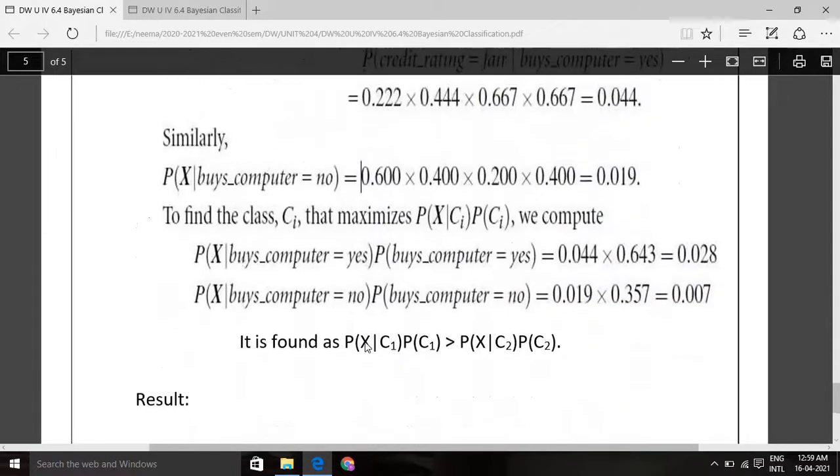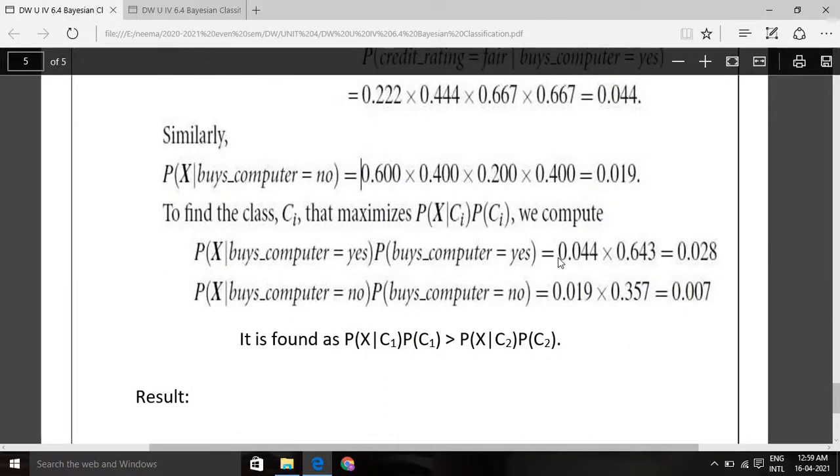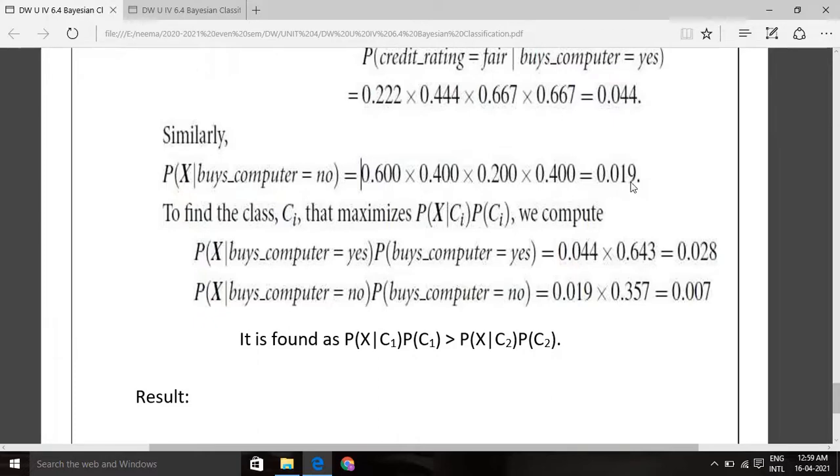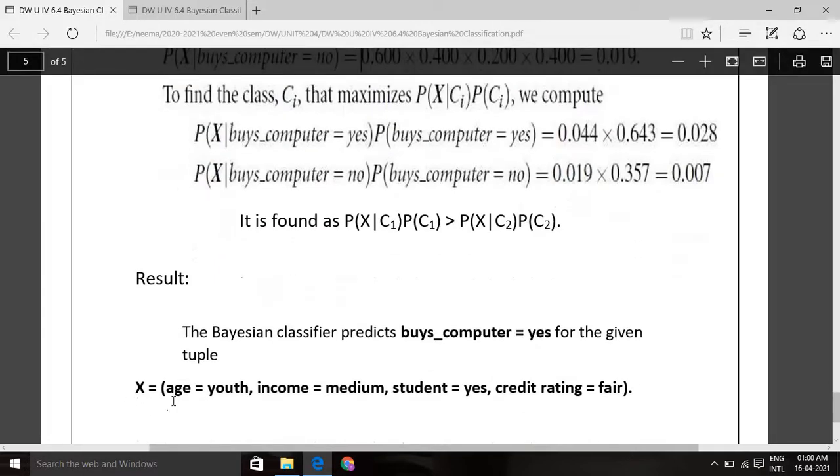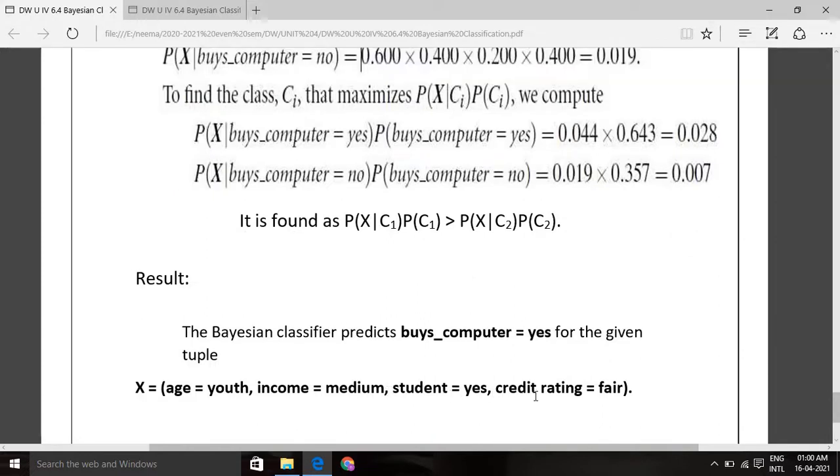So multiply the yes value 0.044 by 0.643, and the no value 0.019 by 0.357, and we get these values. The first one is greater than the second, so we conclude that the tuple with age equal to youth, income equal to medium, student equal to yes, credit rating equal to fair belongs to the class buys computer equal to yes.